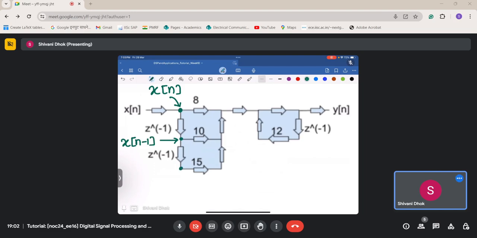At this node, we'll have x of n minus 2, because again it is getting delayed by 1 unit. Now here we were having x of n minus 2, and this gets multiplied by 15. So at this location, we have x of n minus 2 multiplied by 15.